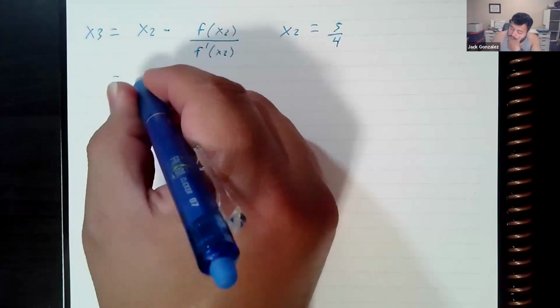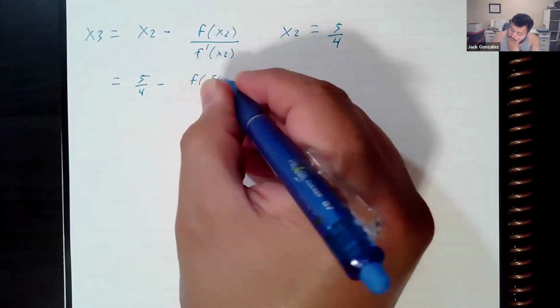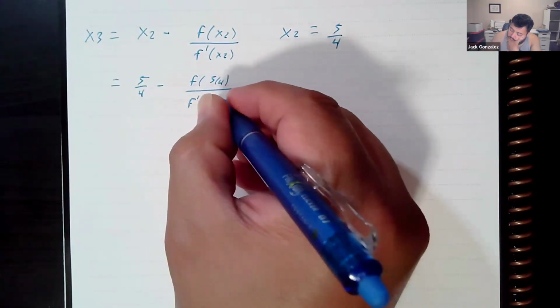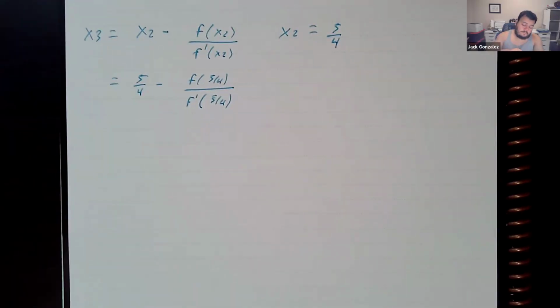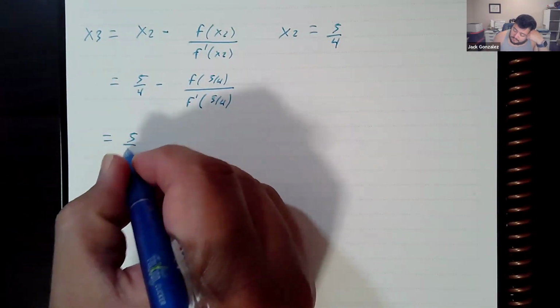So that'll be 5/4 minus the function at 5/4 divided by the derivative at 5/4. At this point, I would start using a calculator because this is getting pretty ugly.